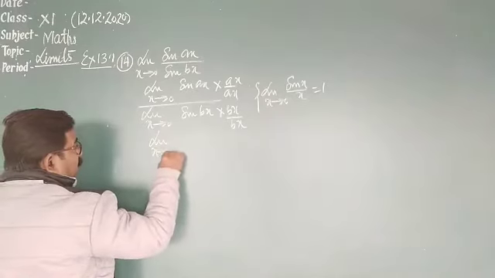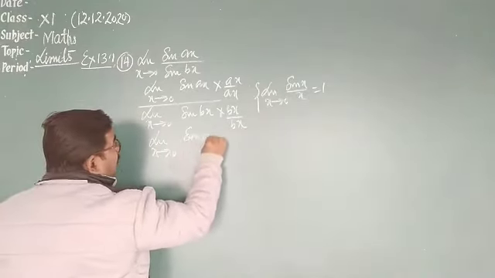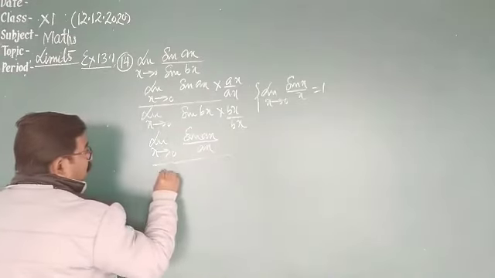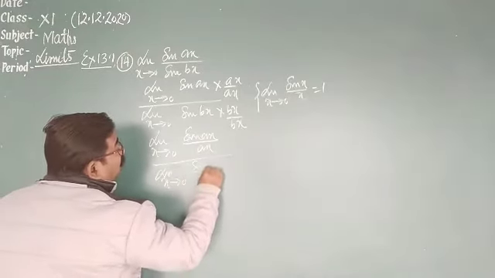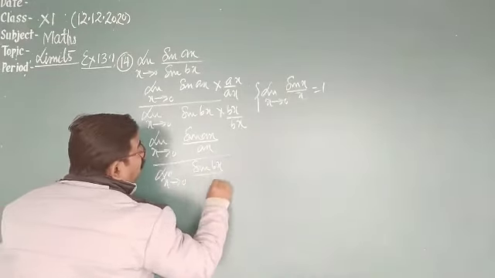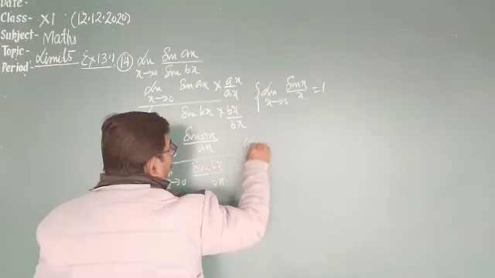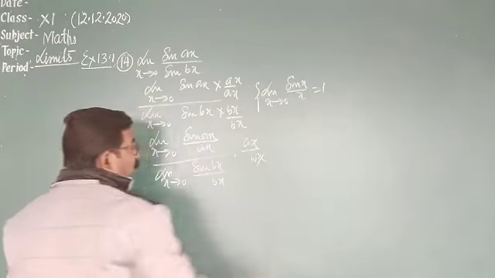Limit x tends to 0 of sin ax upon ax, upon limit x tends to 0 of sin bx upon bx, into ax upon bx. The x and x will go.